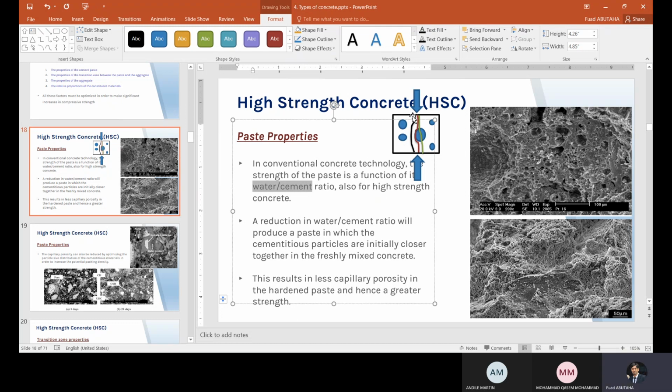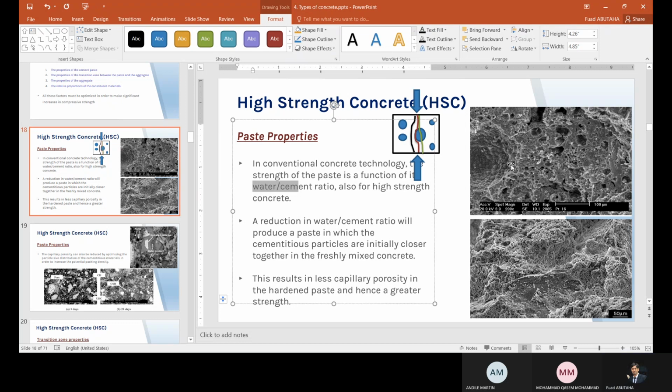So if we are looking only at the cement paste, we need to look at the water cement ratio, reducing the water cement ratio. The reduction in the water cement ratio will produce a paste in which the cementitious particles are initially closer and more compacted and settled.